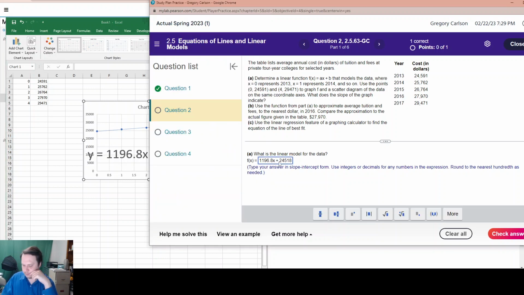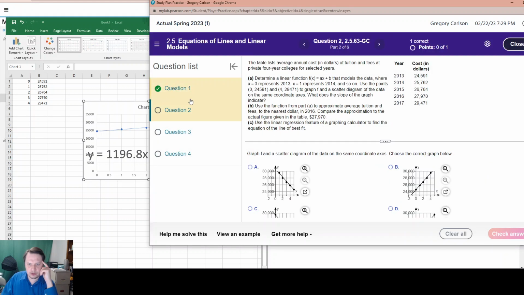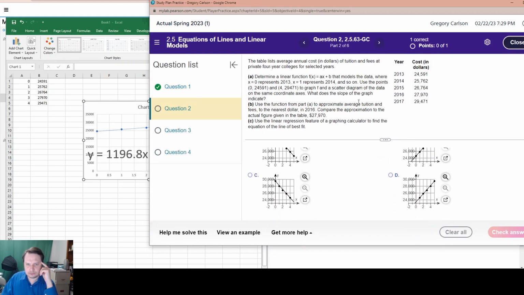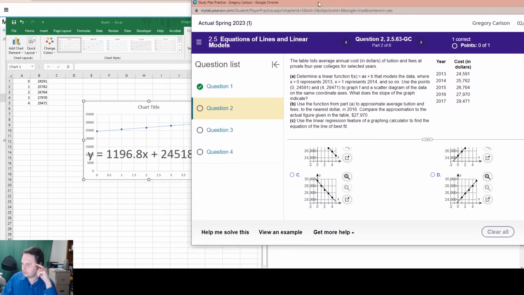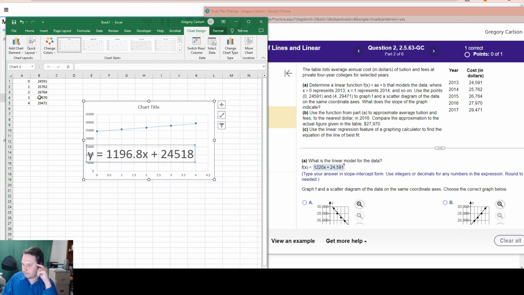I'm not sure what's wrong. I'm just going to round to the hundredth just to be silly. I'm not sure what I did wrong. Because I typed in all the data correctly.